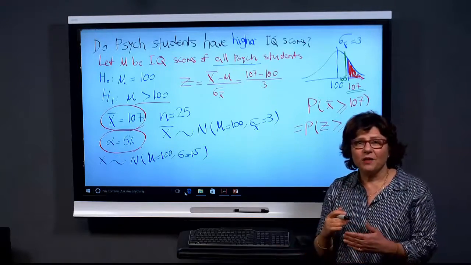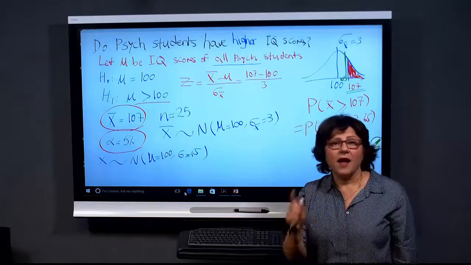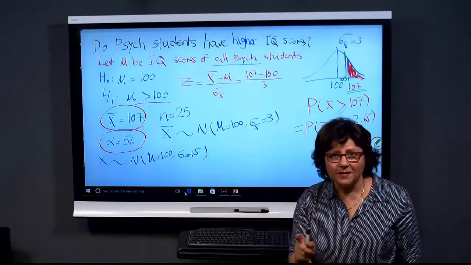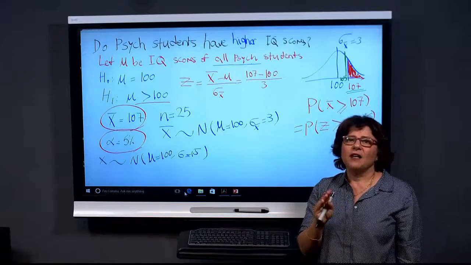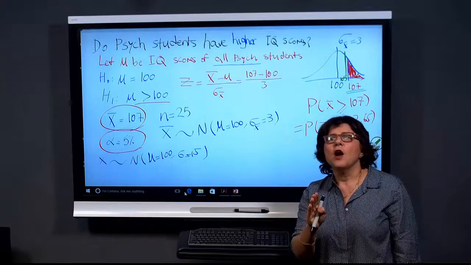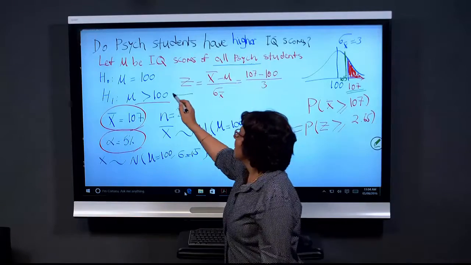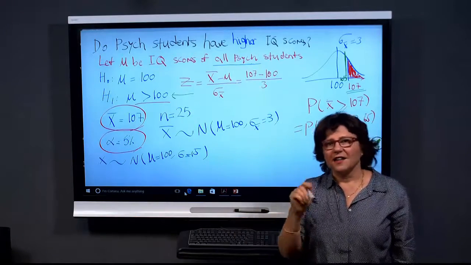With this p-value method, we say that, okay, I have observed x bar of 107, and the p-value would be the probability of observing 107 or more extreme in the direction of the alternative, which is greater than, and then I get my p-value.